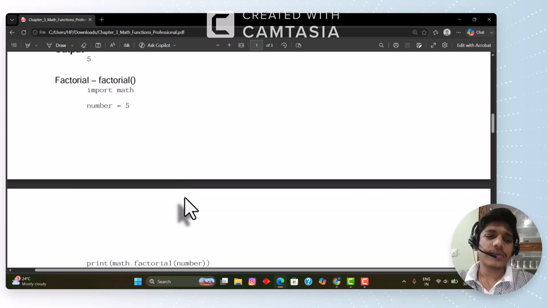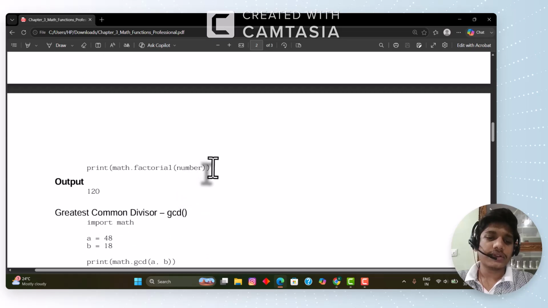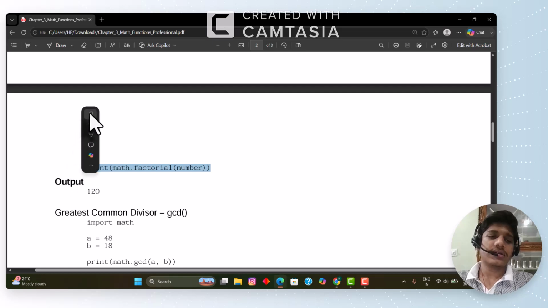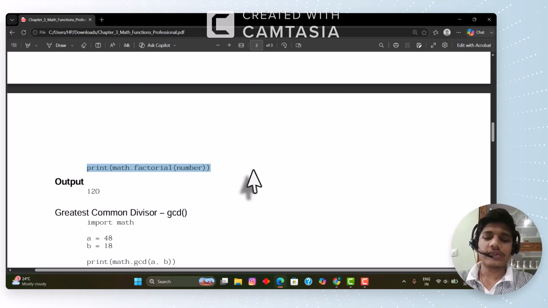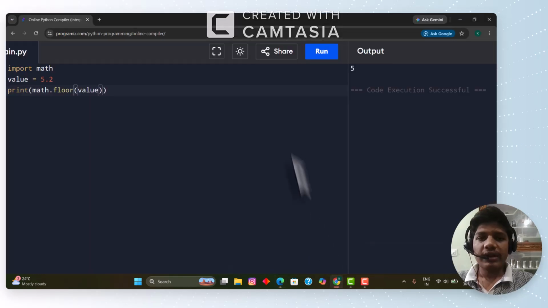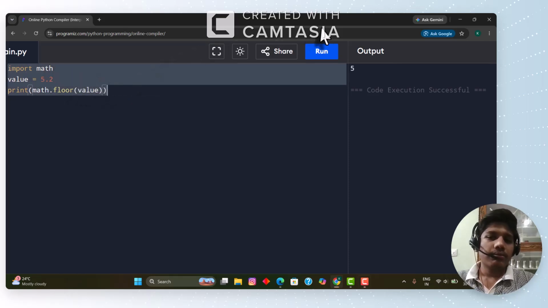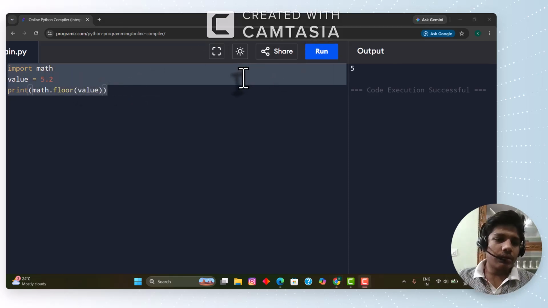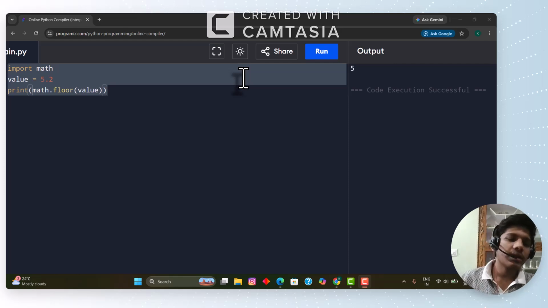Factorial. Import math, number equal to 5. Same, directly use the name factorial there. Like before, when we were going to find the factorial of a number, we had to use a for loop.